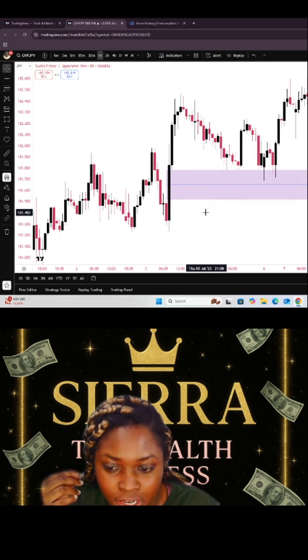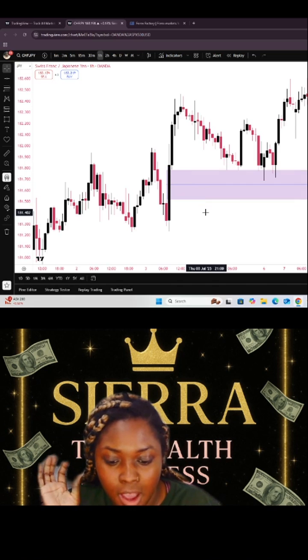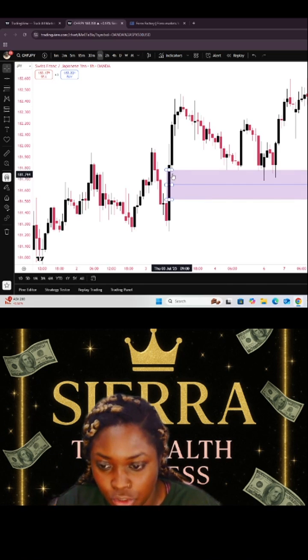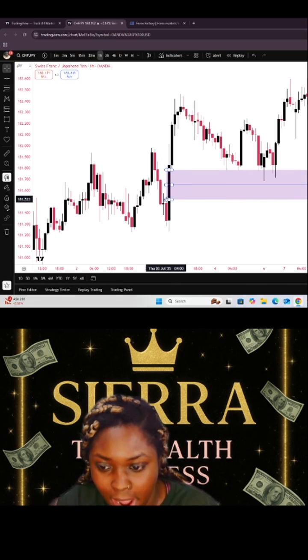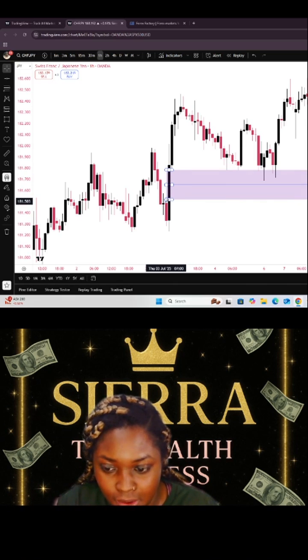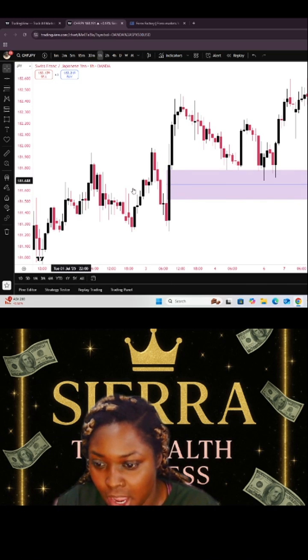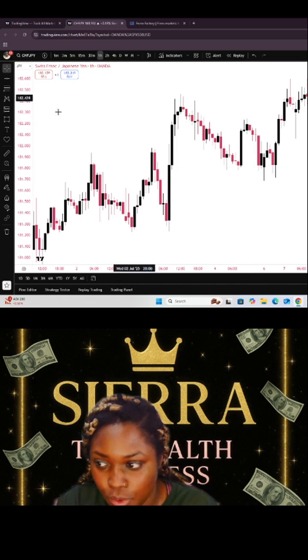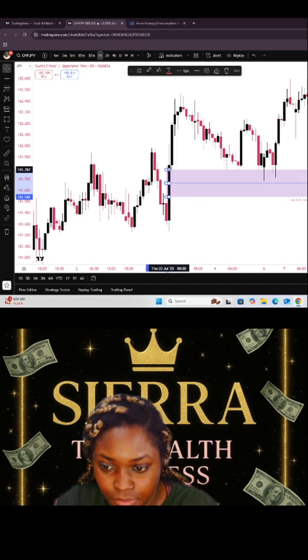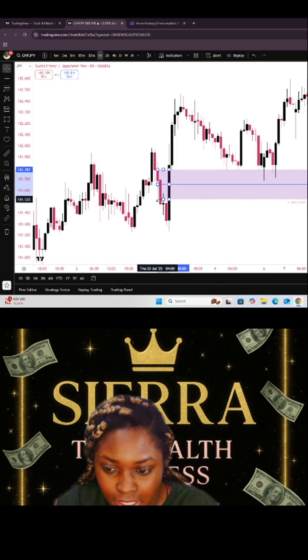And I use my magnet tool because the magnet tool will automatically just draw where you want it. It'll grasp to that wick so that you're not trying to guess on where to put the lines. So if I do it without the magnet tool, you see how I can accidentally just not get it as clean.